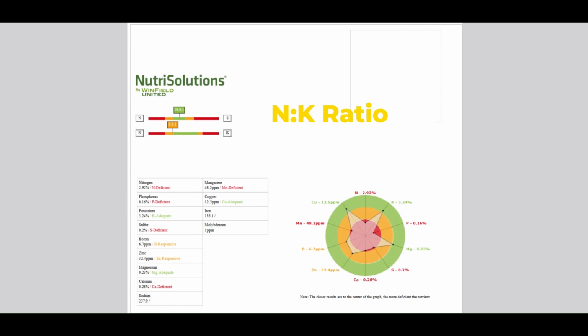When that ratio gets too far out of balance, it can be a sign that the crop has more of one nutrient than it can effectively use because the other is holding it back. In corn, a healthy N/K ratio is usually close to 1:1. Since the plant takes up potassium in amounts similar to, or sometimes even greater than nitrogen, on this test, the N/K ratio is 0.9:1, which is right on the edge of the responsive range, leaning towards needing a small amount of nitrogen for the amount of potassium that is already in the plant.